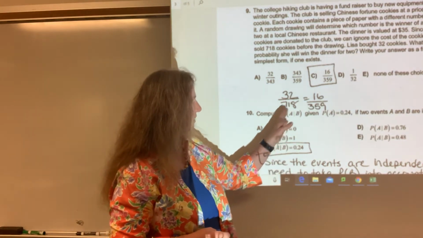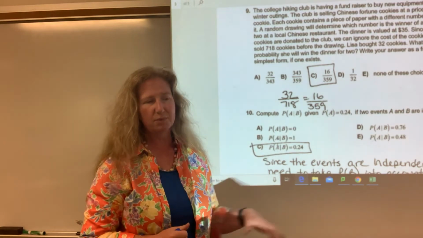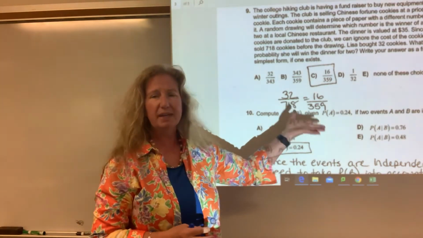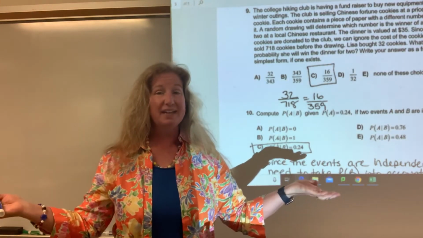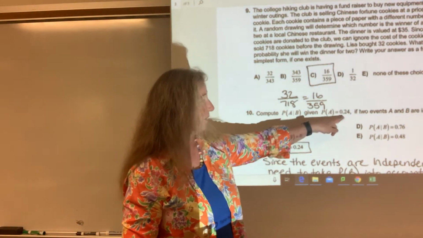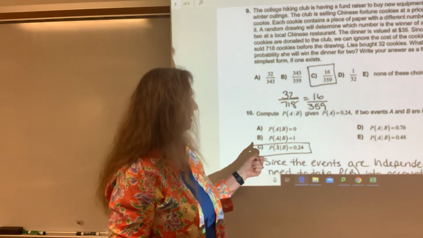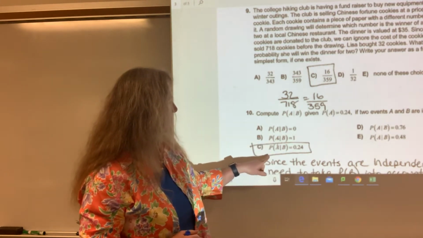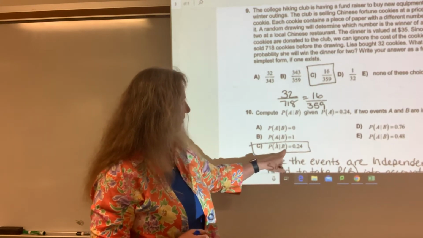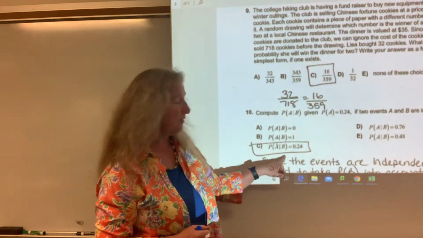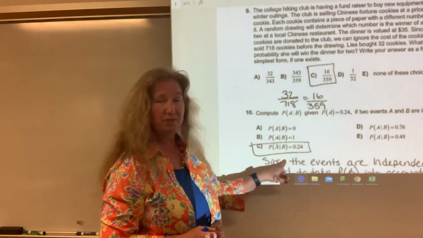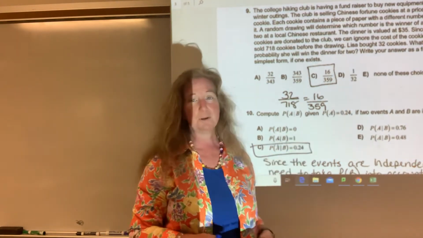So I don't care. I often will have students say, well, what's the probability of B? I can't compute this. Well, it doesn't matter because they're independent. The probability of A is just the probability of A. That's all we want. So the probability of A given B is 0.24, because remember, that's the given part, we have to factor in B, but they're independent, so it doesn't matter.